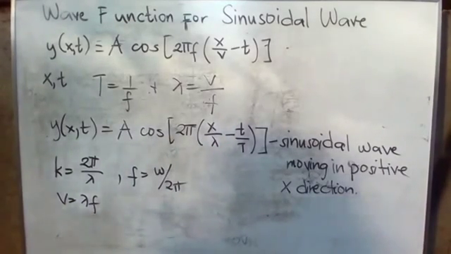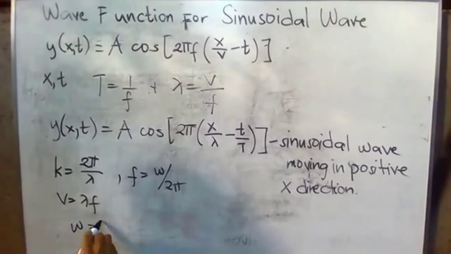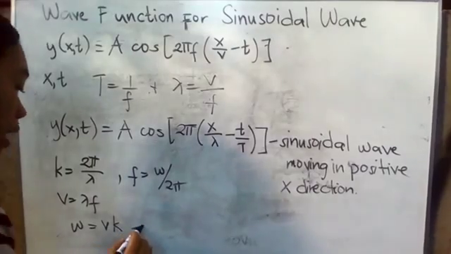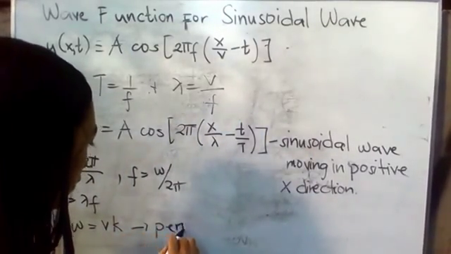This gives omega is equal to vk. So this equation is now our periodic wave.